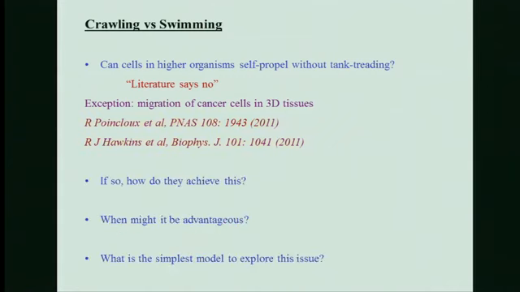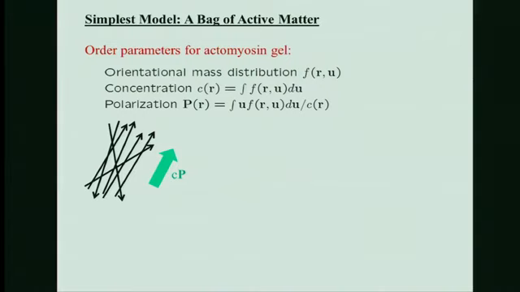So if you can move without this tank treading mechanism, how do you do it? It has to be some kind of swimming mechanism rather than a crawling mechanism. When might that help you, and what's the simplest model? I've already given some indication of what this simple model will look like. This is what we think is the simplest model: a bag of active matter.